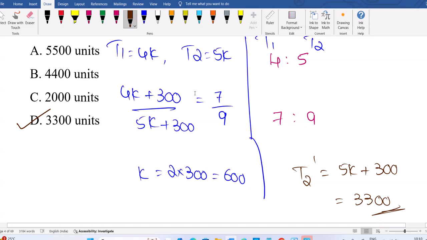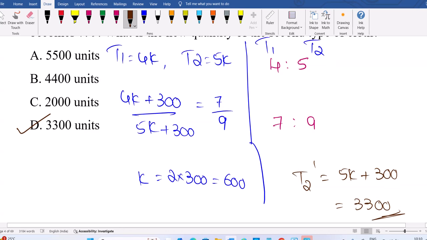You just observe, this is a basic question related to ratio. Initially, the quantities are in 4:5 ratio. We can consider 4K, 5K. Then they said each one is increased by 300 and the ratio is now 7:9. Now we have to calculate the K value from that. Try to reduce the number of steps in the exam.